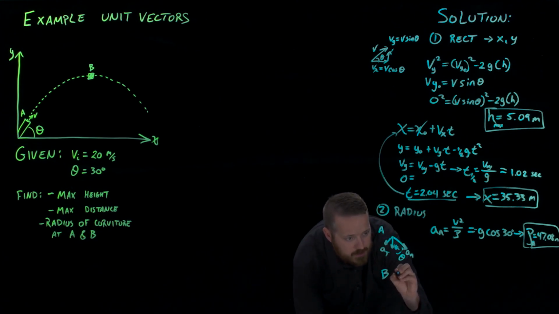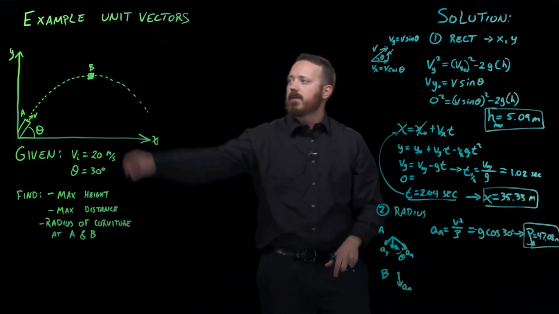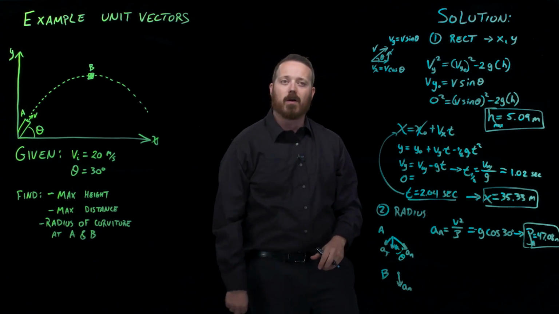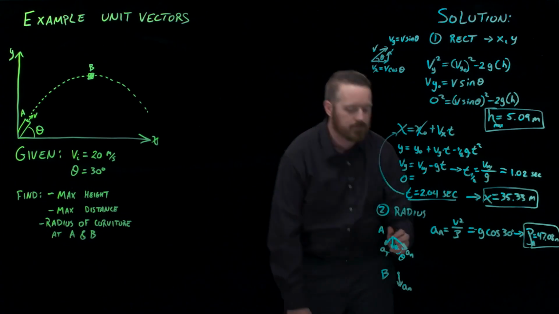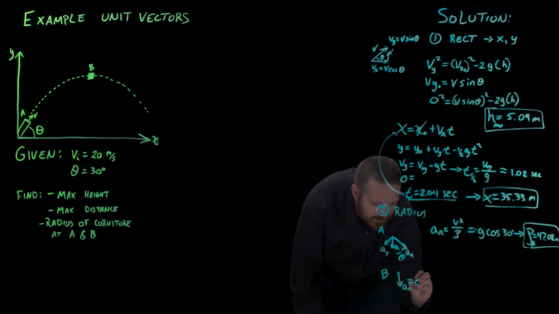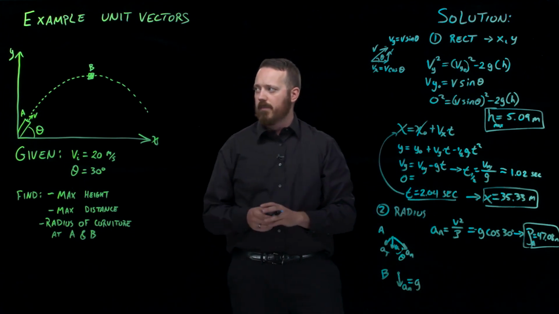we now have the situation where the particle only has an acceleration in the normal component, straight down, and that also happens to be exactly gravity. So it also happens to be the same thing as the total portion of it.